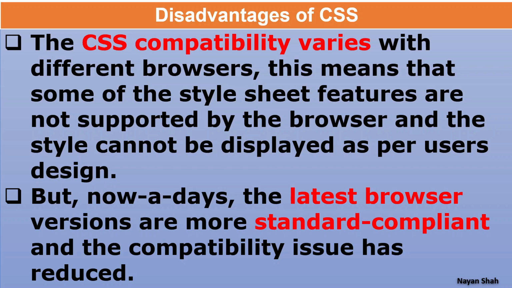This means that some of the style sheet features which we have included in our CSS code may not be supported by all the browsers, and the style cannot be displayed as per the user's wish and design. But as far as I understand, this problem is now removed. Every browser nowadays understands CSS and CSS style rules and gives almost the same result. So now there is no need to worry about this.